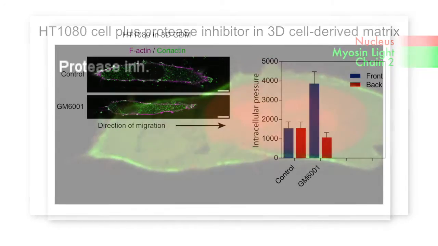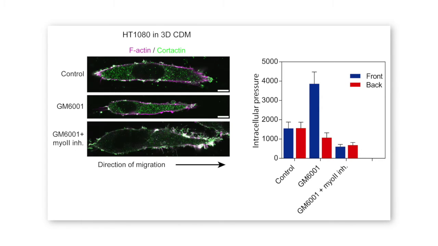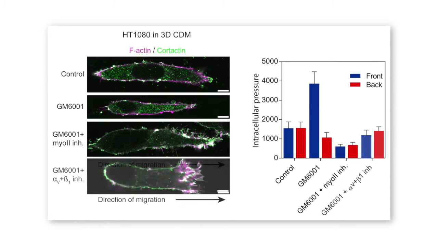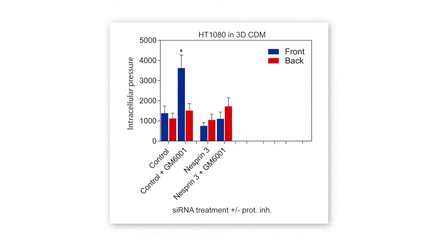Furthermore, just like in primary fibroblasts, the nuclear piston mechanism in protease-inhibited mesenchymal HT1080 cells depended on actomyosin contractility, integrin-based cell adhesion, and on the nuclear envelope protein Nesprin-3, which connects the nuclear skeleton to vimentin intermediate filaments in the cytoplasm.